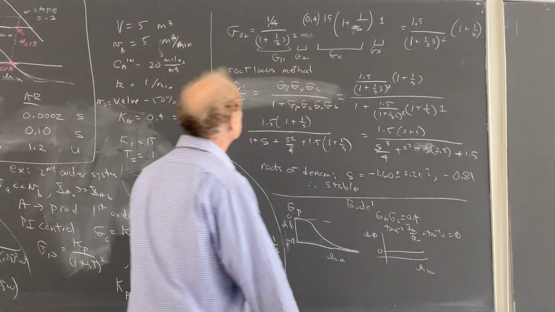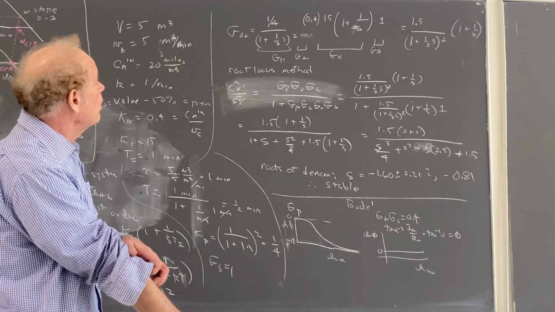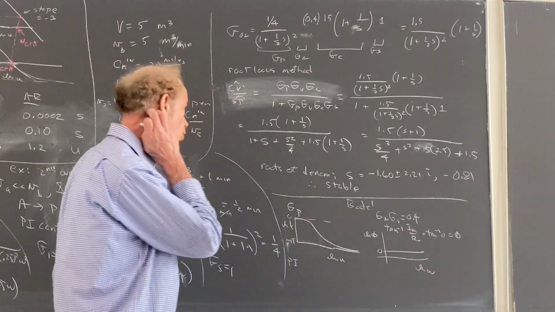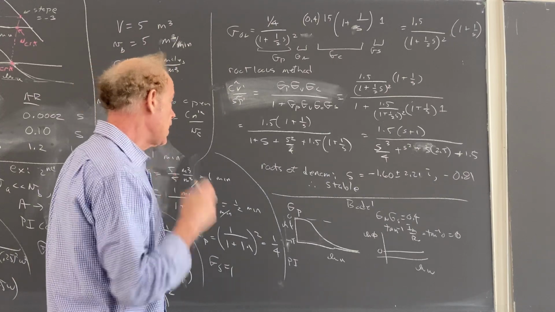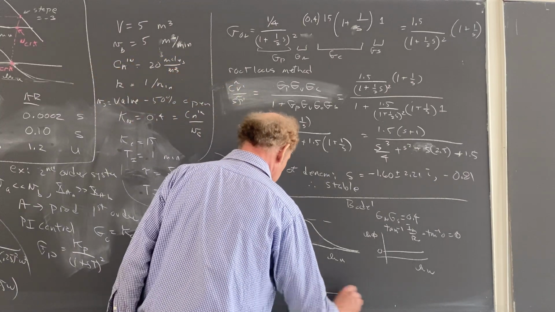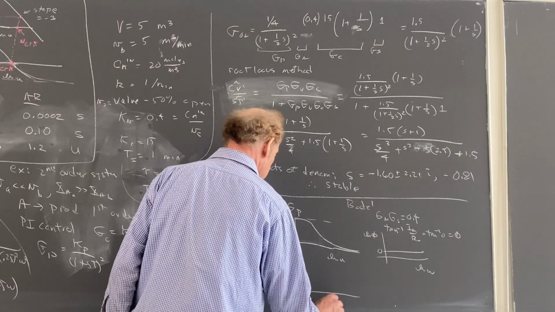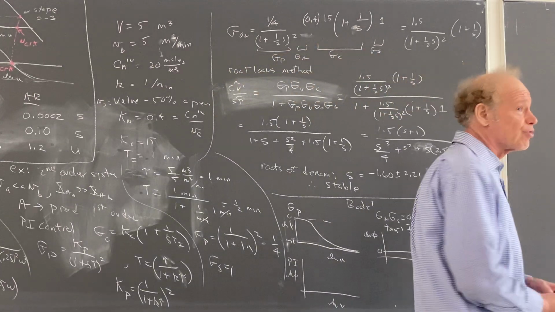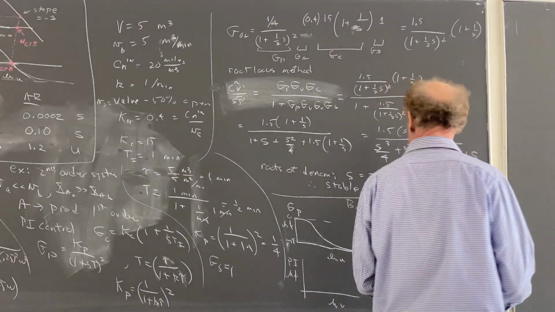Finally, I've got the PI controller. I need to know what happens to log phi versus log omega. Well, let's analyze the PI controller. I can just look it up in the table, but let's just do it quickly.